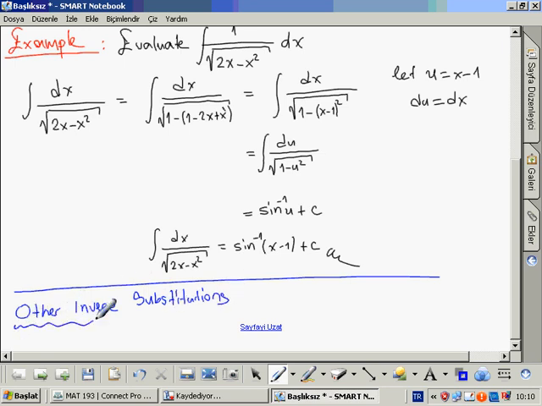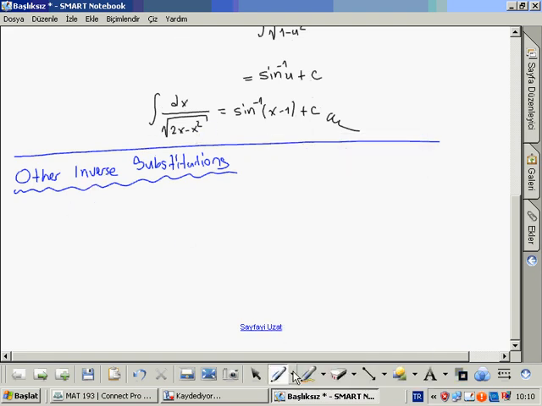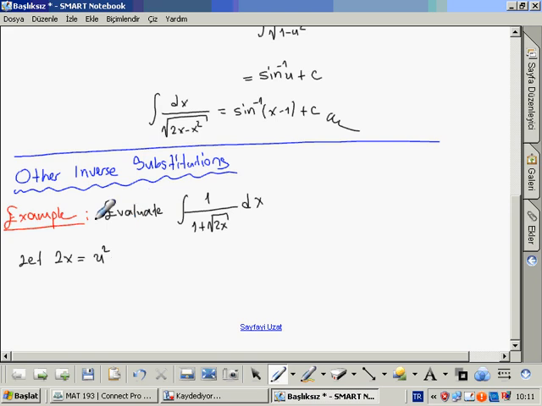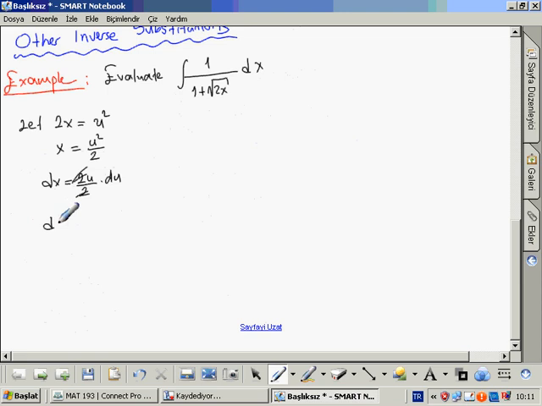Other inverse substitutions. Example: evaluate the integral of 1 over 1 plus the square root of 2x dx, and let 2x equal u squared, so x equals u squared over 2, so dx equals 2u over 2 times du, and this part will be cancelled, and dx equals u du.